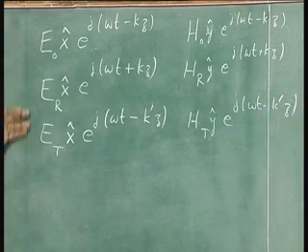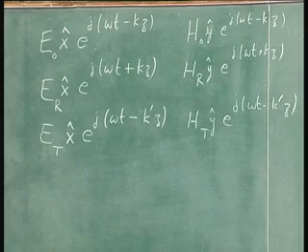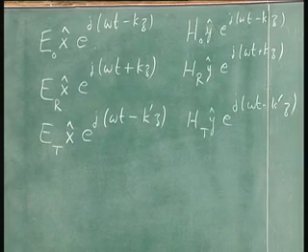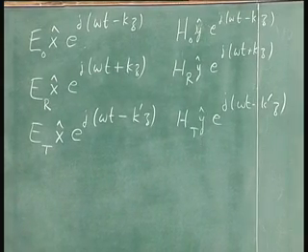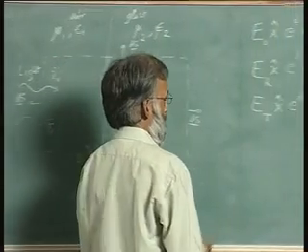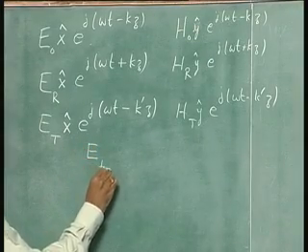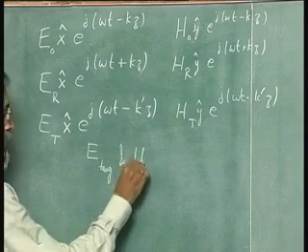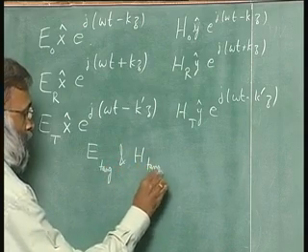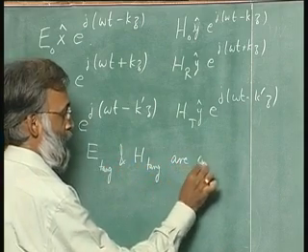I have my E field, I have my H field. Now, I know that at this interface, assuming it is a nice ideal interface, E tangential and H tangential are continuous.